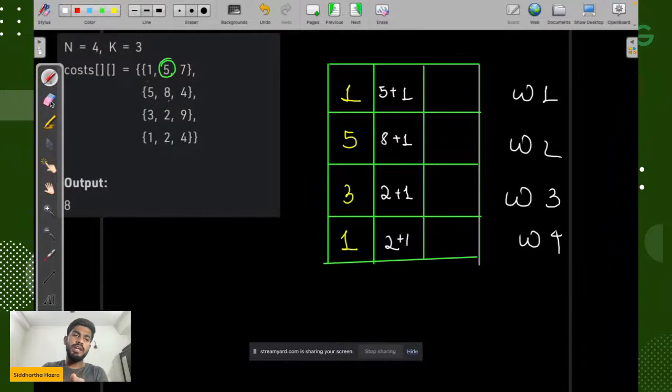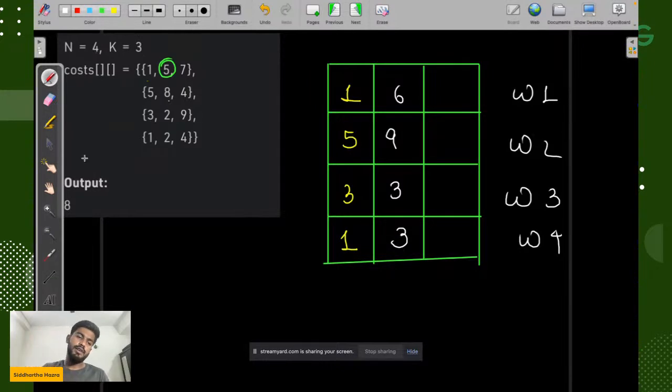So now let us just replace the addition. 5 plus 1, 6. 8 plus 1, 9. 2 plus 1, 3. 2 plus 1, 3. Okay. Fair enough till this point.